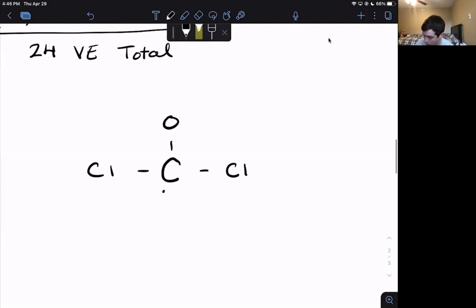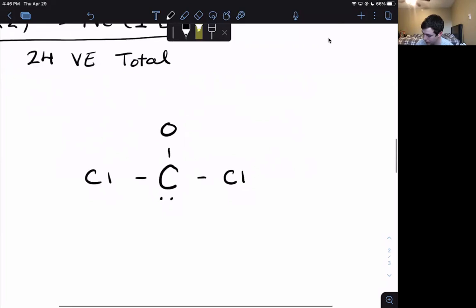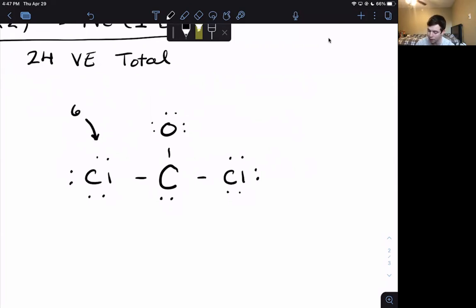So to do carbon, we add 2 because remember each bond is 2 shared, which counts as 2. Then we're going to give each chlorine and the oxygen 6, and then we're going to check our work. So first, does everything have a full octet? We can see that each chlorine has 6 electrons in lone pairs.